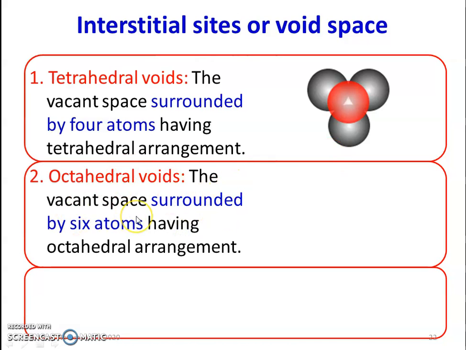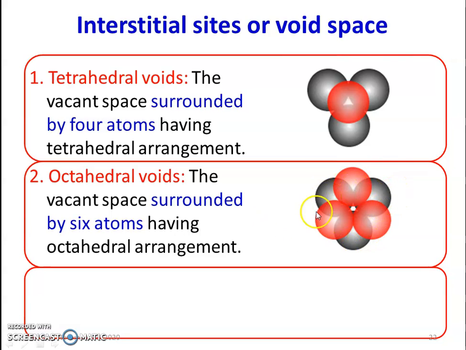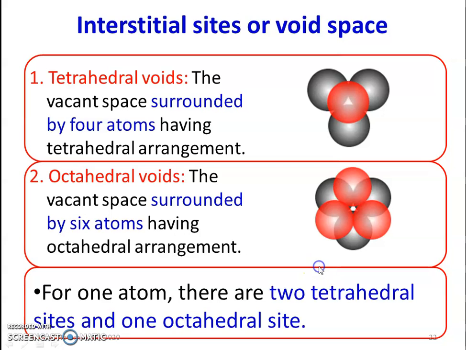Similarly, the vacant space surrounded by 6 atoms having an octahedral arrangement is called an octahedral void. Here you can see this is the octahedral void, an empty space surrounded by 6 spheres, 3 spheres from the bottom layer and 3 spheres from the top layer. In this way there is a formation of an octahedral void.